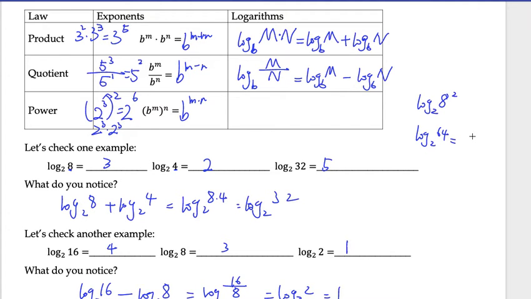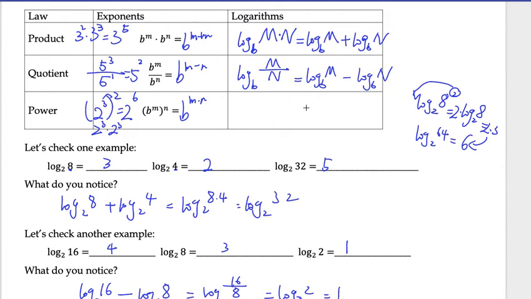The answer is actually 6. But another way to rewrite this is to put this 2 in front, so it becomes 2 times log base 2 of 8. We multiply the exponents together. Log base 2 of 8 is 3, so it's 2 times 3. It's actually the same as this.